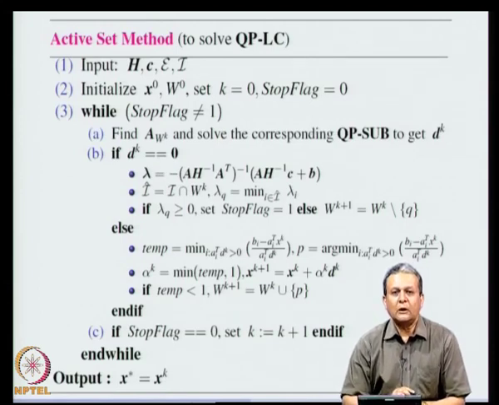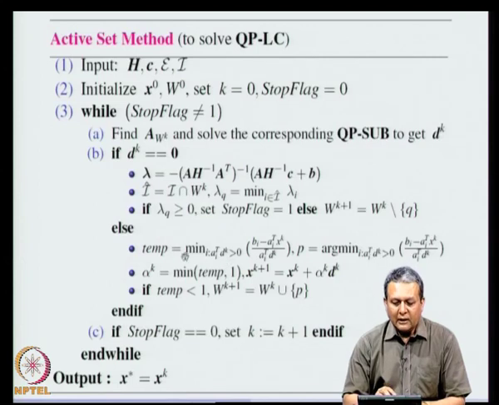The next step is to find alpha k, and for that purpose we need to find out whether a step size of 1 will cross the feasible region or not. So, we compute (bi minus ai transpose xk) divided by (ai transpose dk) for all those i such that ai transpose dk is greater than 0, and that gives us a clue.